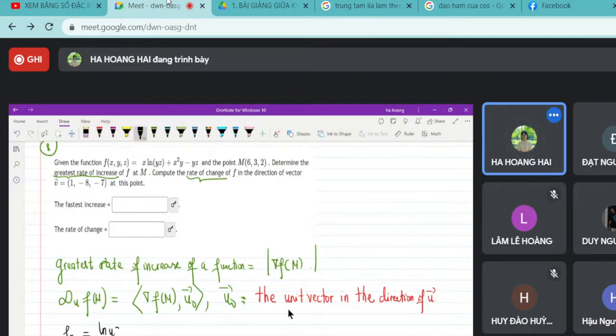We have ln of yz plus 2xy, and replacing the point M, we get ln of 6 plus a number.